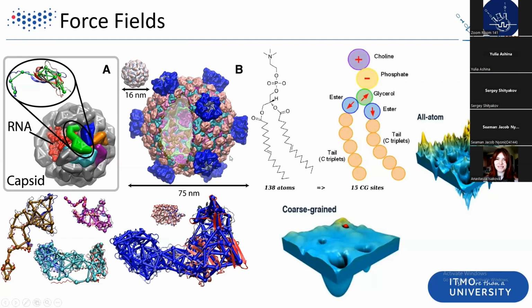You could also create some coarse grain for the lipid membrane, where you can approximate choline, phosphate, glycerol, ester, and tails with coarse grain sites. We will analyze it using the finite element landscape.